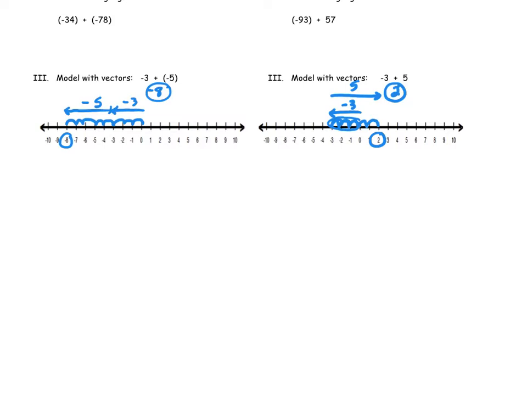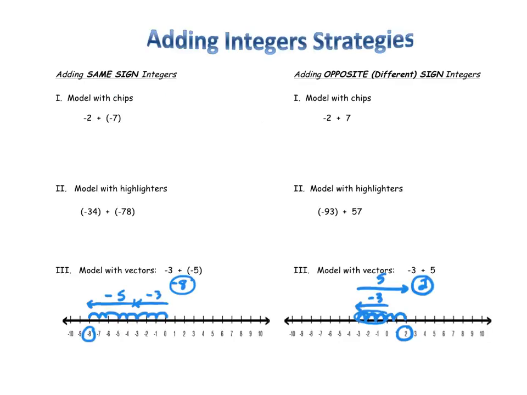Let's go to Roman numeral 1. So as I look at my numbers, I'm given a -2 and a -7. So these are same sign integers. And yesterday we learned how to model, and we're going to model our -2 with either pink or red or closed circles. That's a model of -2. And now I'm going to include a model of -7.